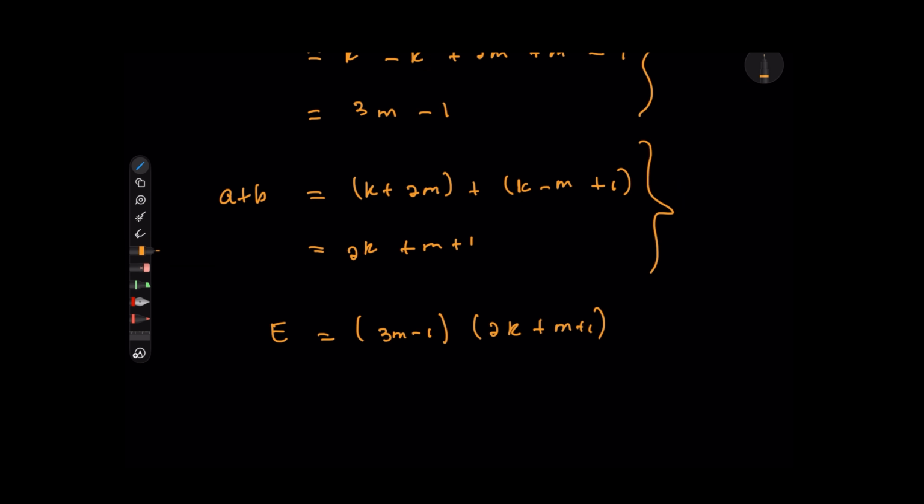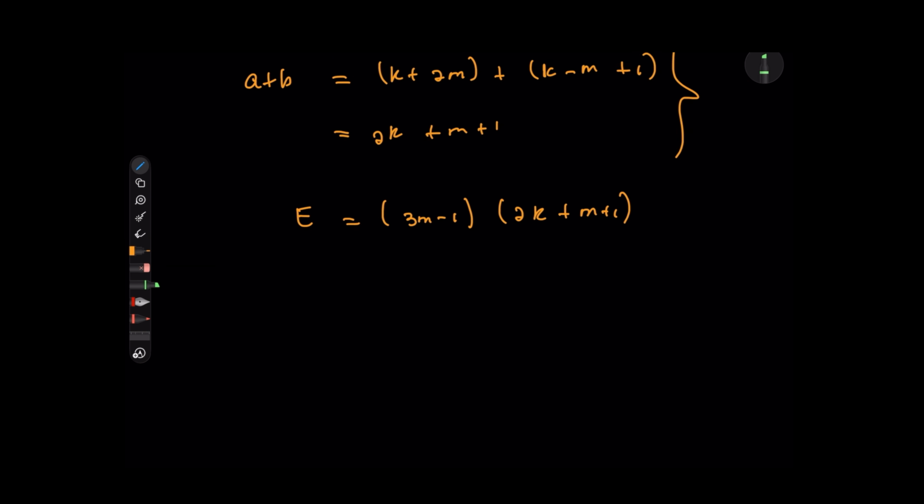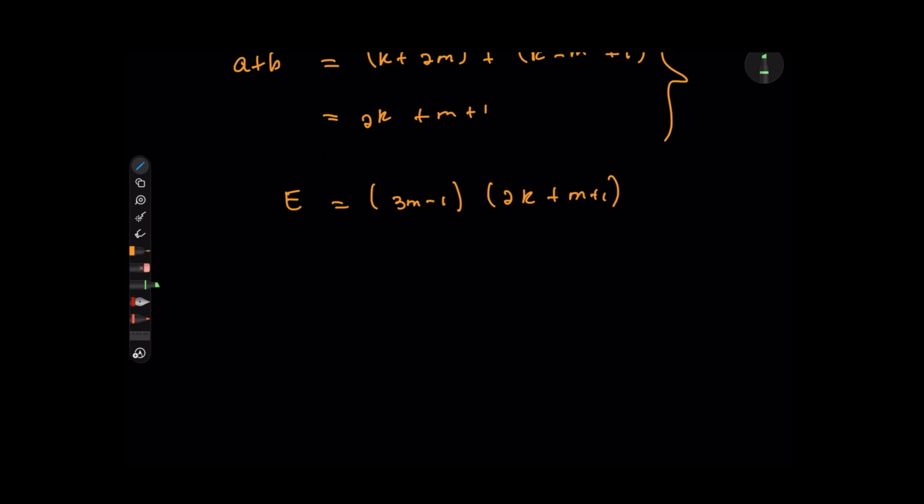And then I could inspect my e and look at the parity of my new expression here. In my new expression, let's look at this one first, I notice that I have 2 multiplied by k. 2 is an integer, k is an integer. So this here is the form of something that is even, right?